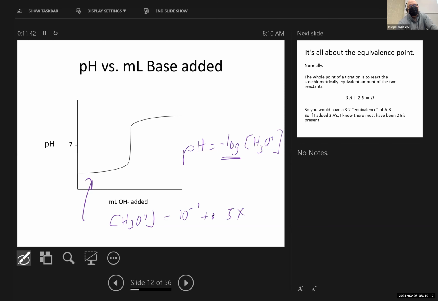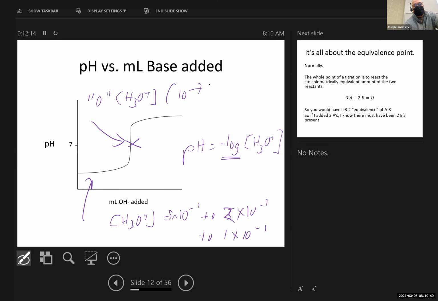Remember, my endpoint here is essentially, I'm going to call it 0. It's really, of course, essentially Kw. If I'm in water, I'm never going to have actually 0 hydronium. But what I have is no excess acid other than the water.